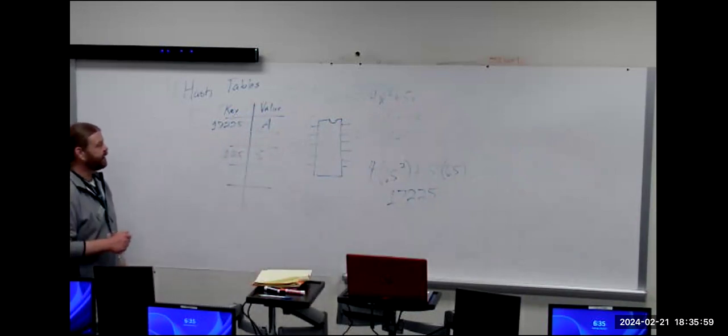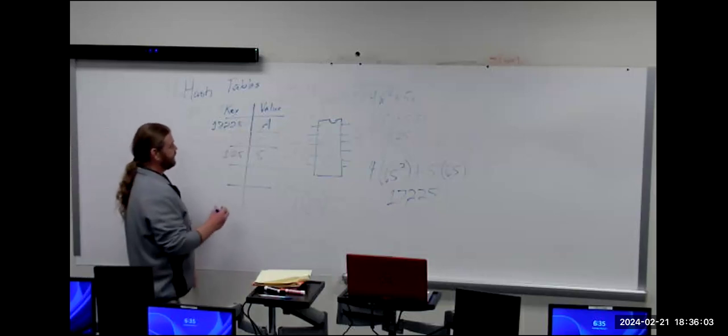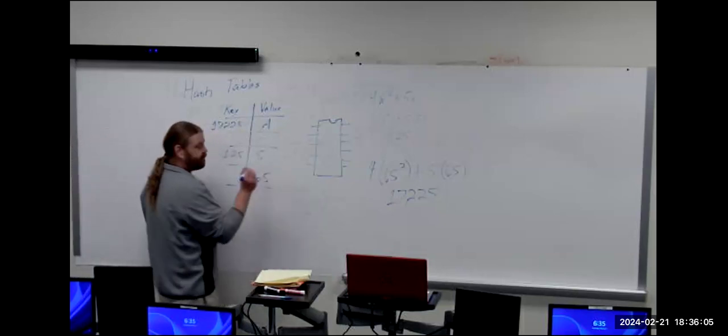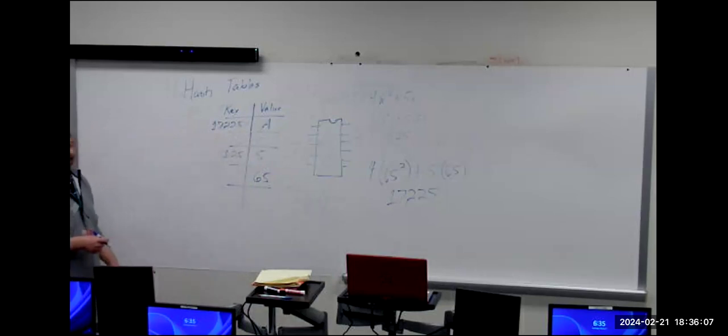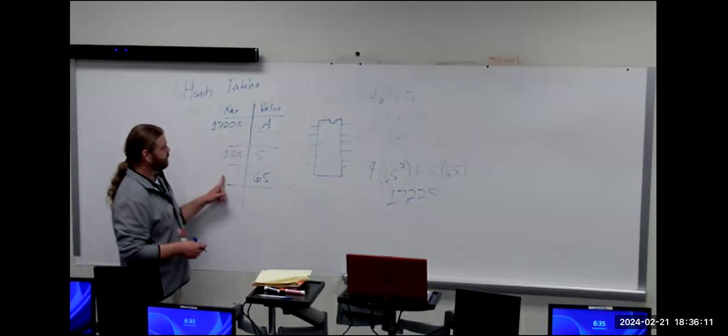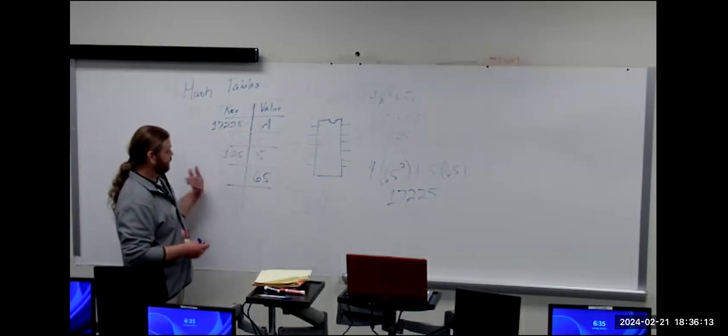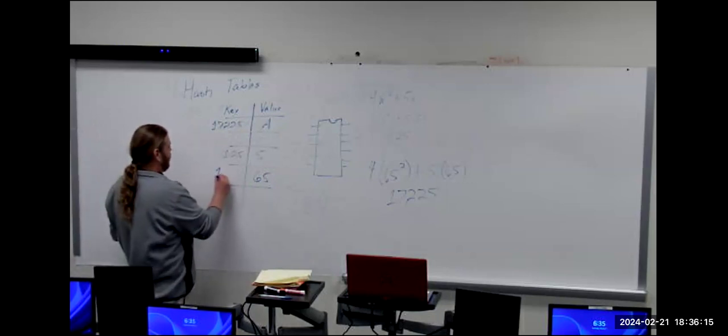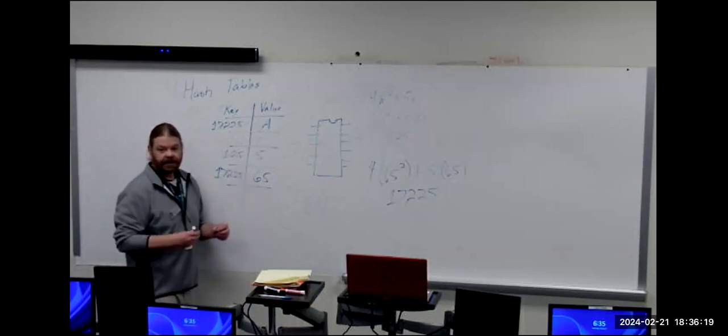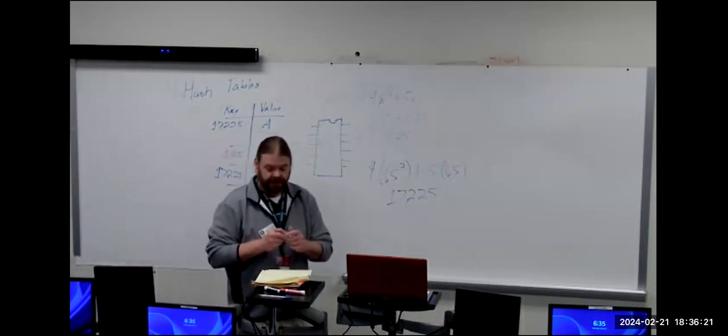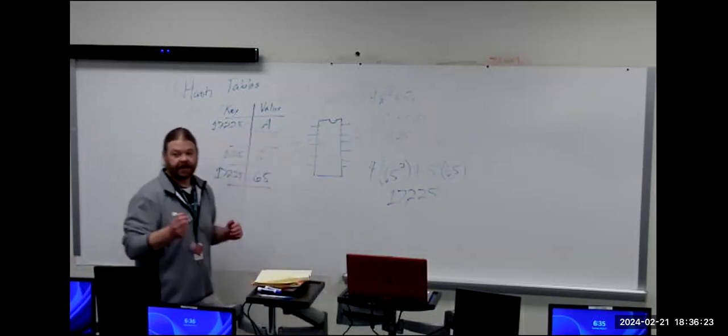There's also conflicts, because what if we have the number 65? We already know what that's going to give us, right? Yeah, but that's a problem because we can't store 2 things with the same key. So we do have to come up with algorithms that are complex enough to avoid conflict.